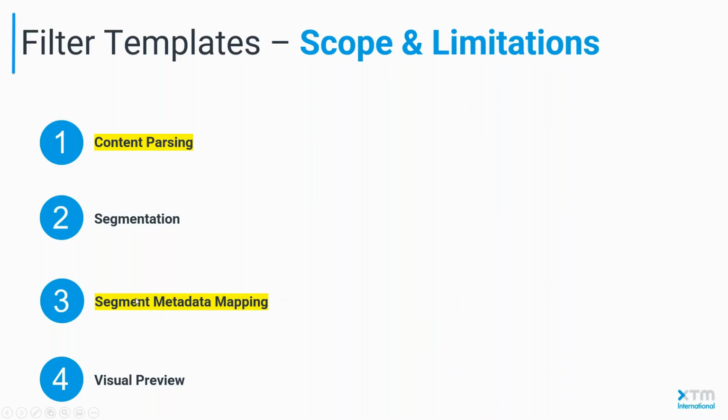Then regarding segment metadata mapping, you can set a filter template to use elements present in the file other than the source text to help identify the type of source content and give the translator more context for style, special instructions, and other information related to the source content that they are translating, which is not the source content itself.